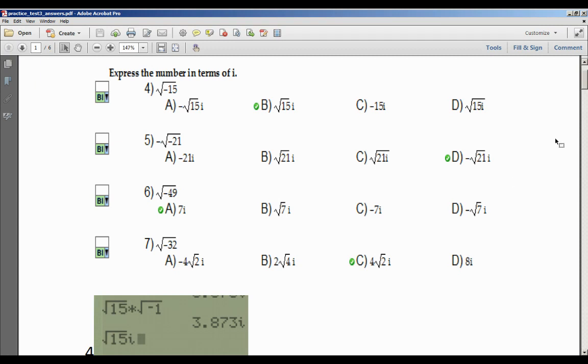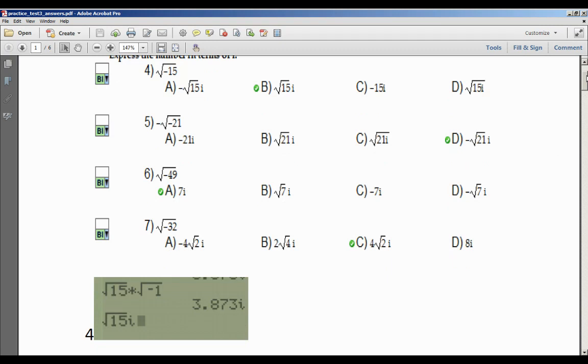All right, so number four, a couple of ways of getting around this. What I'm doing here is taking the square root of negative 15 and I'm writing that as the square root of positive 15 times the square root of negative 1. Now, my calculator can give me an answer, but if you look up here, you don't see any decimals. But what I do see, using some kind of common sense, is that this is a positive value.